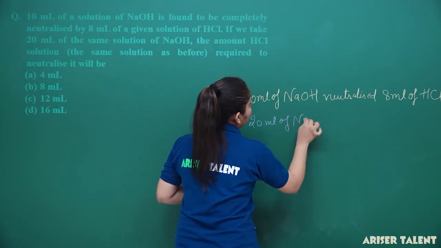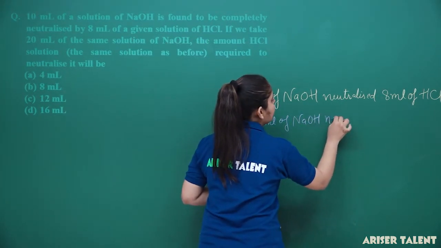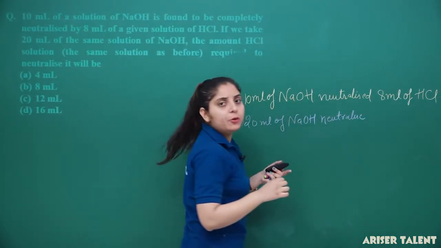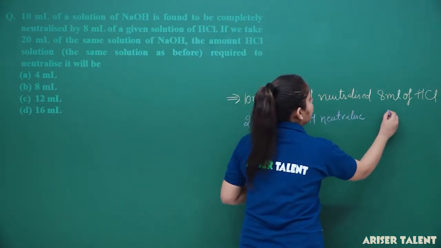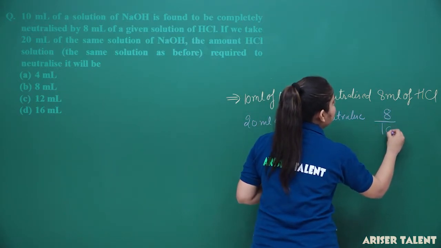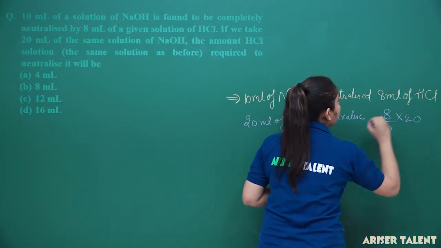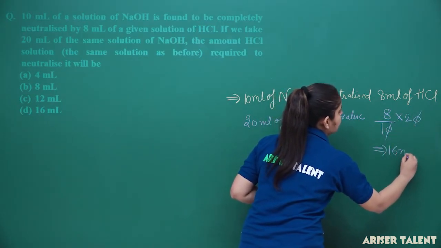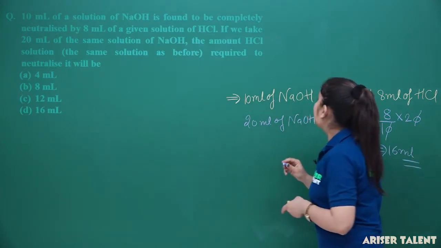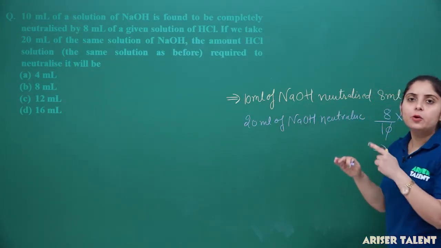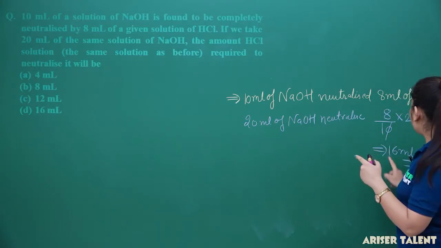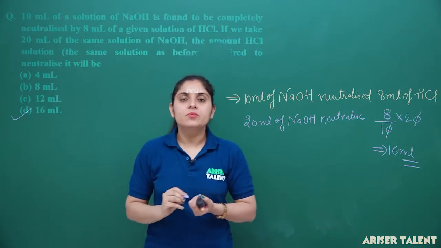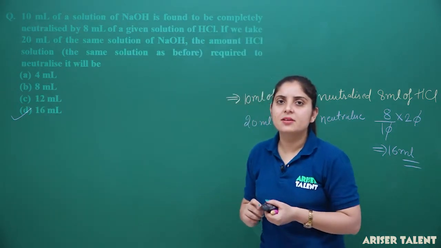We will apply the unitary method over here: 8 times 20 in the numerator and 10 in the denominator. Now 0 will be cancelled by 0, and 8 into 2 we will get 16 ml. It means 20 ml of NaOH solution will neutralize 16 ml of HCl. So the correct option here will be option D.